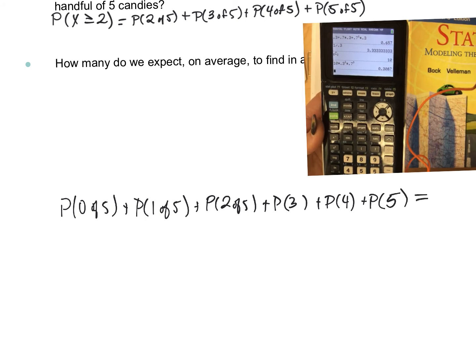That's all going to add to 1. When I wanted the probability of at least 1, that was 1 or more, so we only had to subtract off the probability of 0, which was an easy calculation. That's why it was so nice. But if I want the probability of 2 or more, I need to subtract what off of 1?